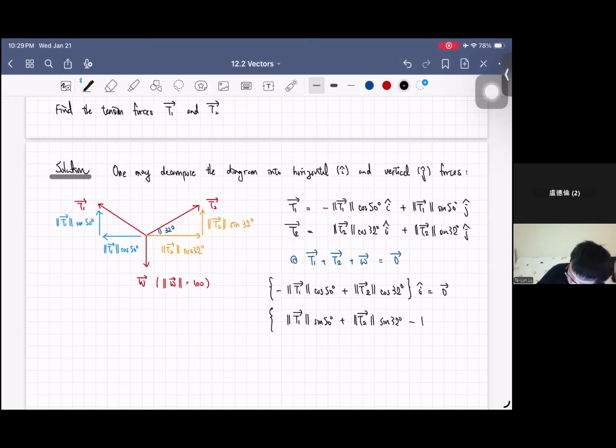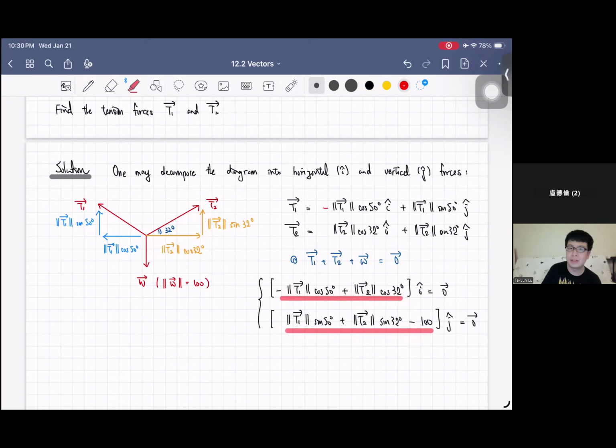And going downward, 100, j is 0 vector. Actually, let me use a different bracket. Okay, so basically we're simply saying that this guy should be 0 and this guy should be 0. All right, and you can solve however you want.